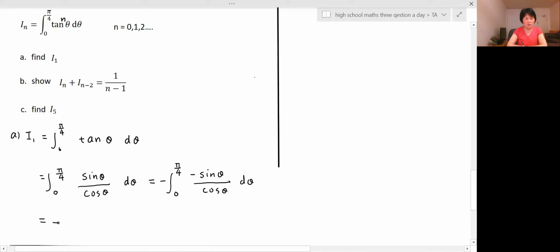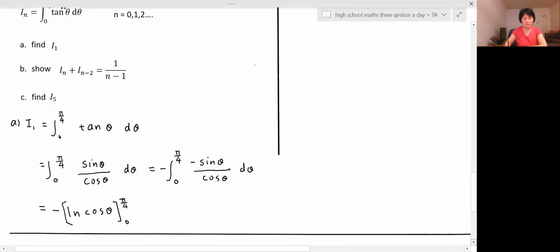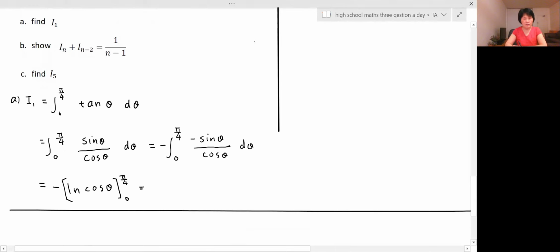So this must be equal to minus log of the bottom, which is cosine theta. Then equal to minus log cosine theta. Cosine pi on 4 is equal to 1 on root 2. Then minus, substituting 0, cosine 0 will be 1. Log 1 is 0. So minus 0.